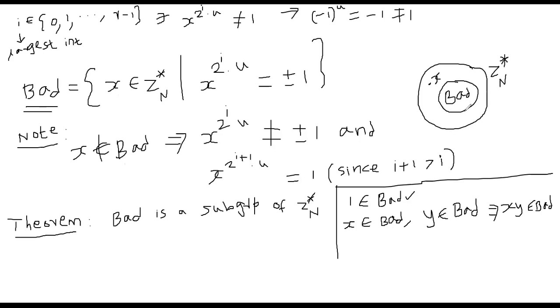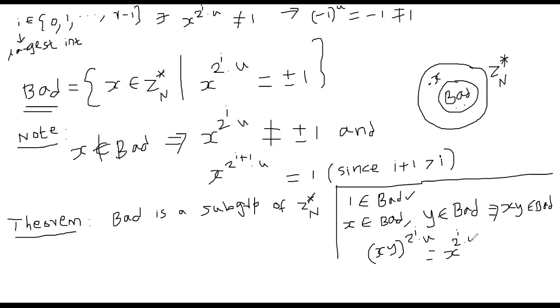Let's select two elements x and y from BAD, or a and b, whatever you want to call them. You multiply, and the answer is also going to be in BAD. The reason is, any x in BAD will have this property: x power 2^i times u is equal to plus or minus 1. And y also: y power 2^i times u is equal to plus or minus 1. Now, if you multiply, what will happen? You have (xy) power 2^i times u, which can be written as x power 2^i times u and y power 2^i times u, all in mod n.